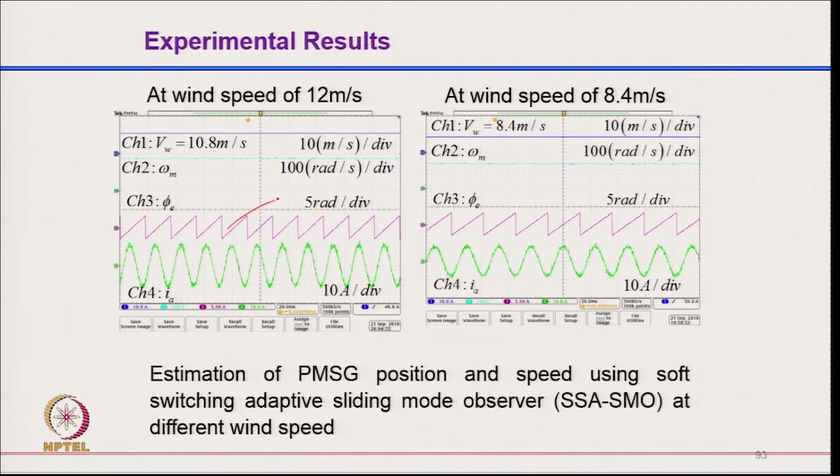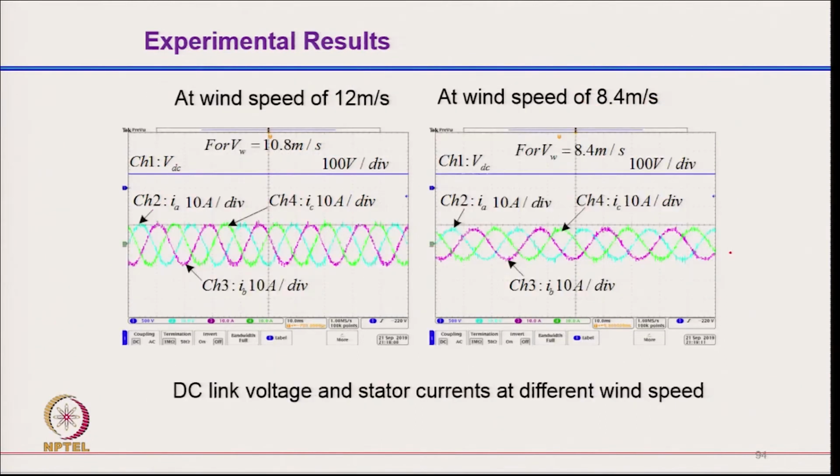So, these are the position, and the current corresponding to the generator for a varying wind speed of 12 meter per second and 8.4 meter per second. Estimated speed and estimated position for a given wind velocity, and then of course the current of the PMSG.